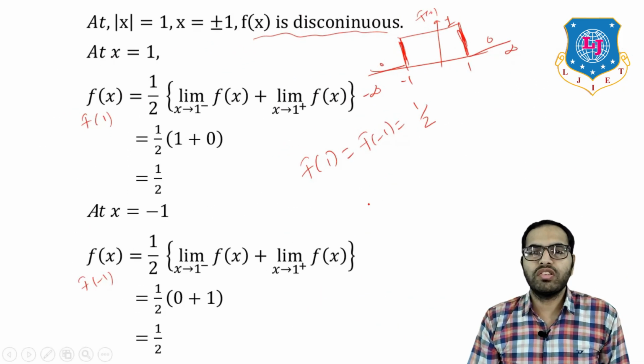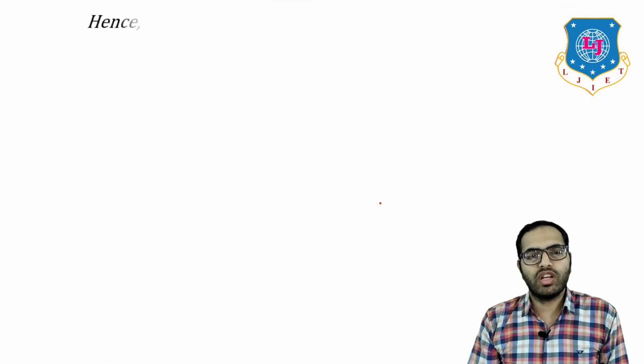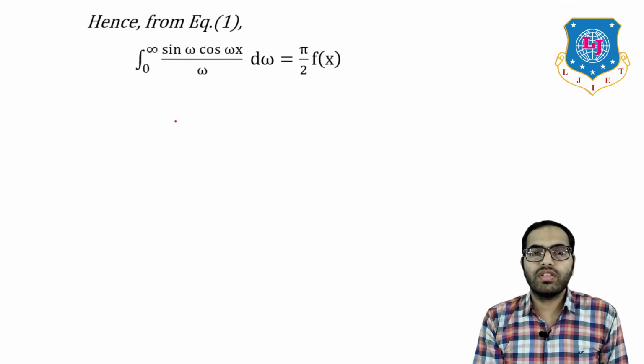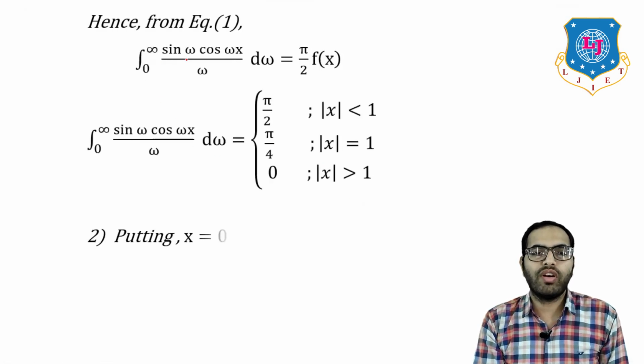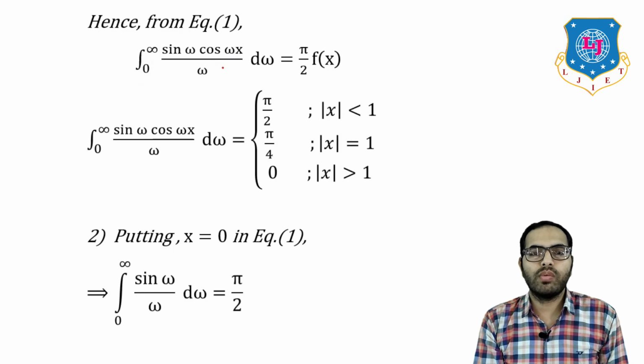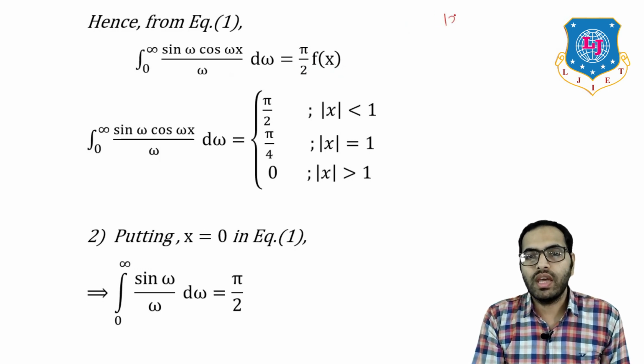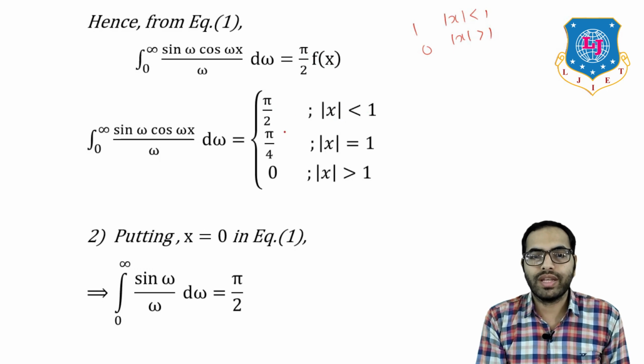Now substituting all these values in our equation number 1. Hence our equation number 1, which is integral 0 to infinity sin omega cos of omega x upon omega d omega equal to pi by 2 f of x. See, we have the function which has, if mod x less than 1 then 1, mod x greater than 1 then 0. If mod x is less than 1, the function has value 1, then 1 into pi by 2, that is pi by 2.